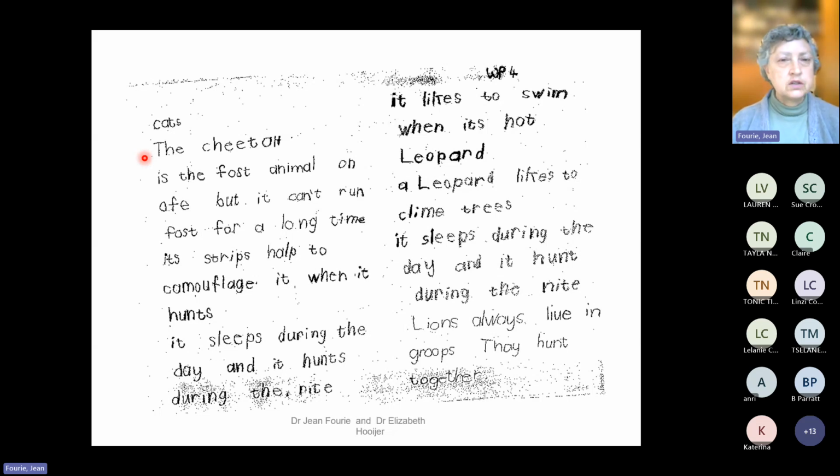And the child decides to write about the cheetah first. So the cheetah, and you can see now that cheetah has been spelled correctly. I think this O is actually an A.